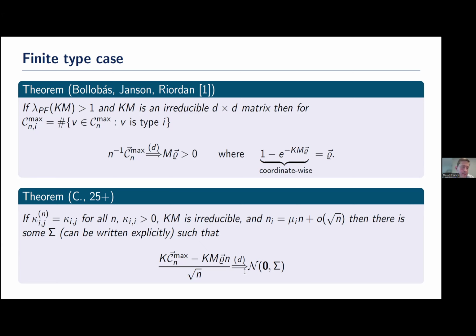And this happens in distribution. I haven't written down sigma explicitly here. I do in the work that this is based on. It's a complicated matrix product, but it shouldn't be that hard to see what it would be based on the structure of the proof that I give later.